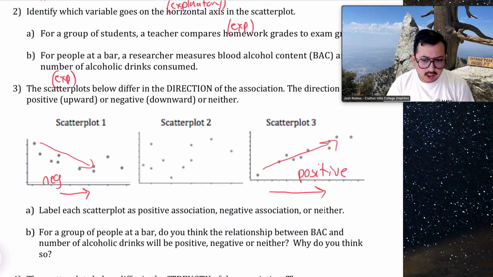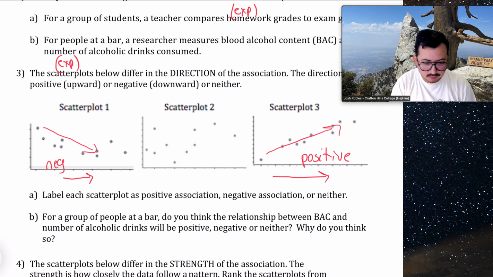All right, the middle may be one of these two, maybe neither. As you're doing any of these notes ones, think carefully about it. What's the direction here? It almost looks like there's a slightly upward trend. If you said positive, I would say that's possible.